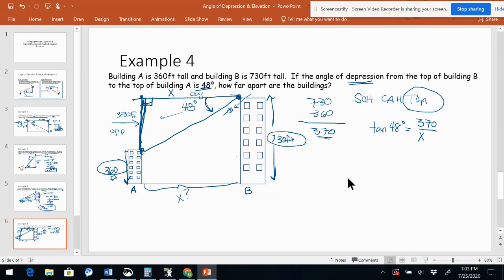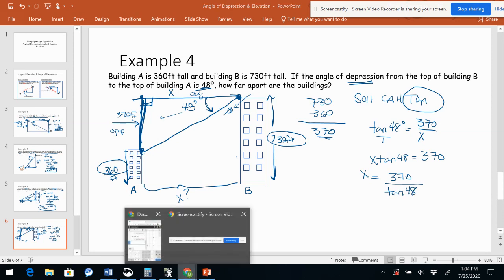I'm going to go ahead and solve for x and put this over 1 and use cross multiplication. I get x times tangent of 48 degrees equals 370 feet. I'm going to solve for x. 370 divided by tangent of 48.